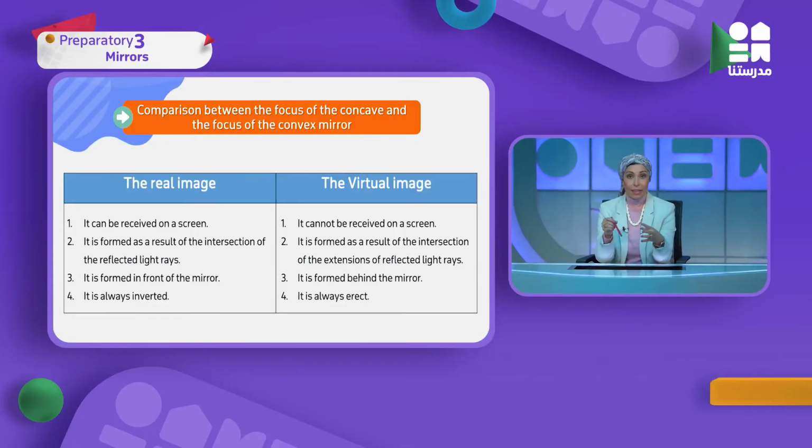So here it's a very important point, that you know how you can differentiate or compare between the real and virtual image. It's a very important question for the exam, it always comes in the exam. You can memorize it by imagining the drawing in front of you.